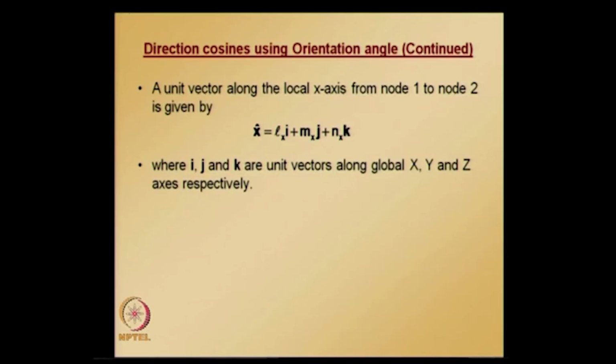The other two local axes must be defined to get the remaining direction cosines. If you recall the rotation matrix components, we need to know the orientation of local x, local y, local z axis. So, we need to know the other two local axes to get all the components of the rotation matrix.